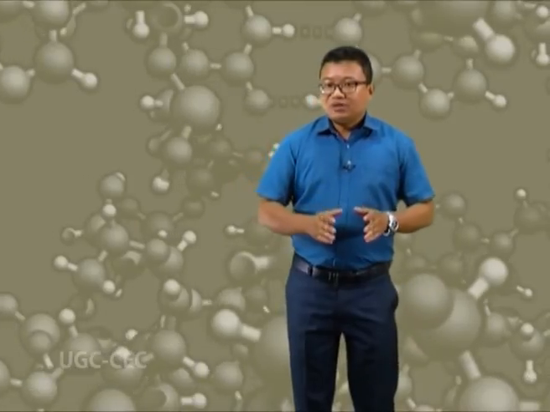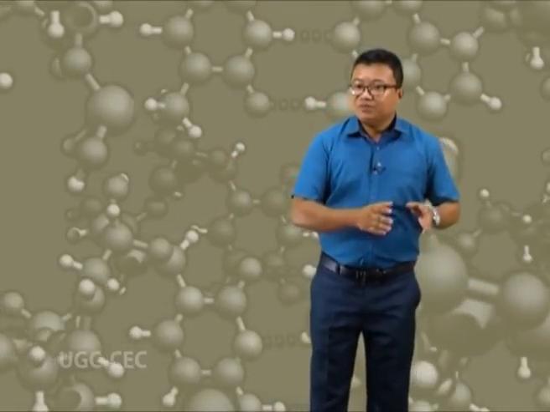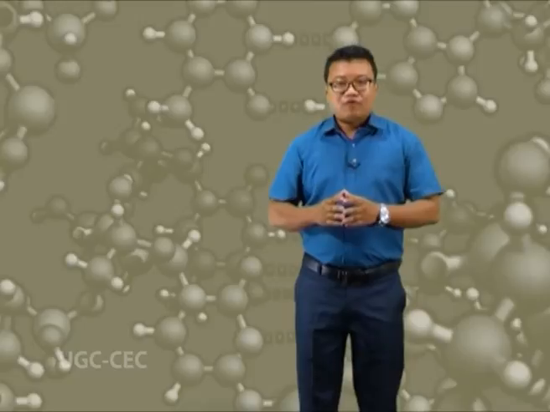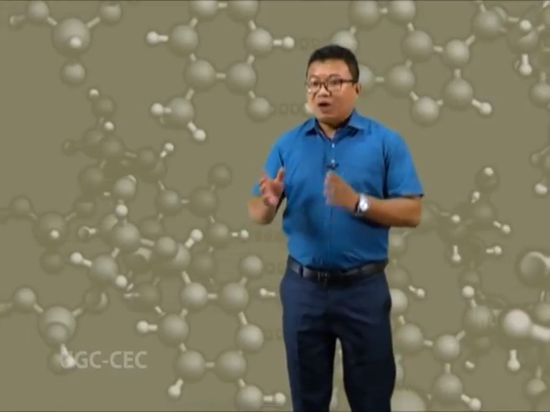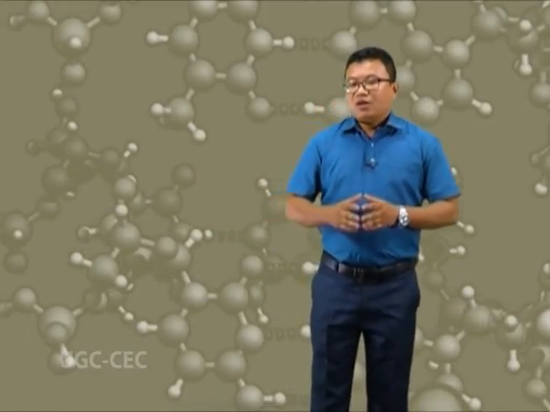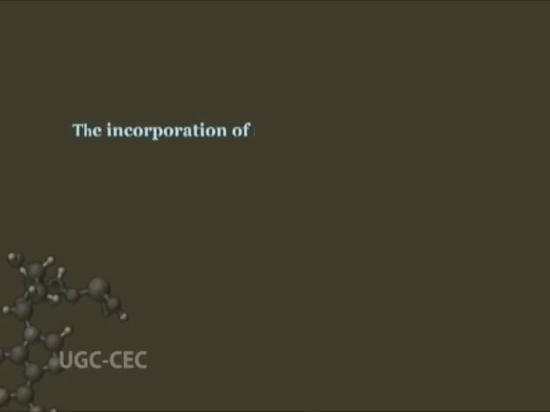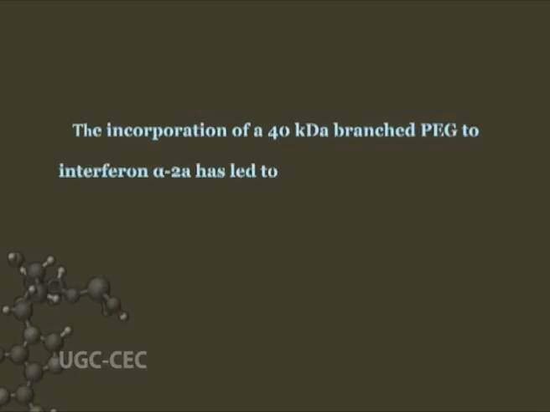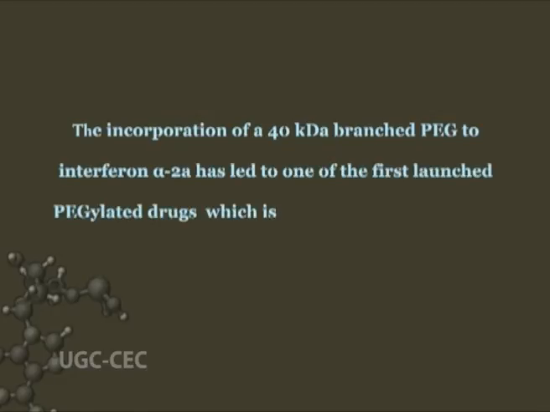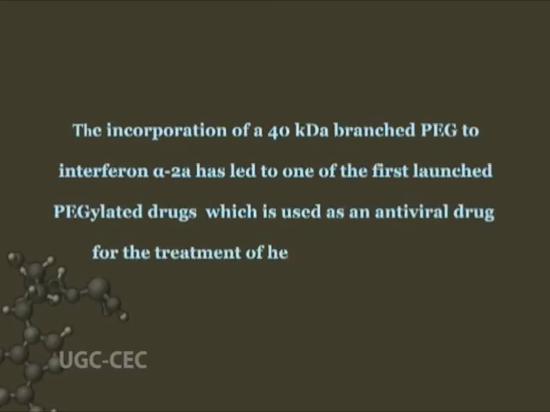It has been shown that the amino acid position plays a pivotal role for maintaining the biological function. The incorporation of a 40 kilodalton branched PEG to interferon alpha 2A has led to one of the first launched PEGylated drugs, which is used as an antiviral drug for the treatment of hepatitis C nowadays.